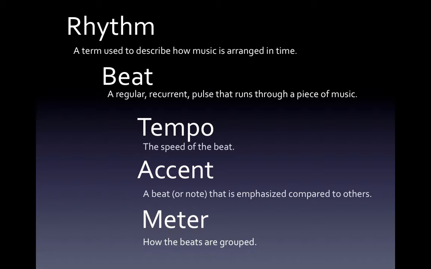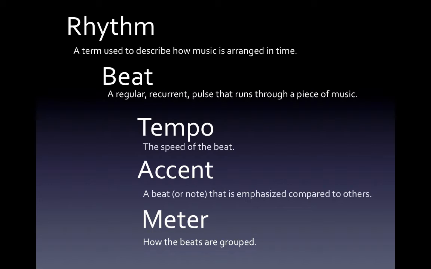Review of the terminology we've just learned. Again, this lesson is dealing with rhythm, or how music is arranged in time. When we're talking about rhythm, we could be talking about the beat. The beat is a part of rhythm, and a beat is a regular recurrent pulse that runs through a piece of music, something we can tap our foot to or dance to.